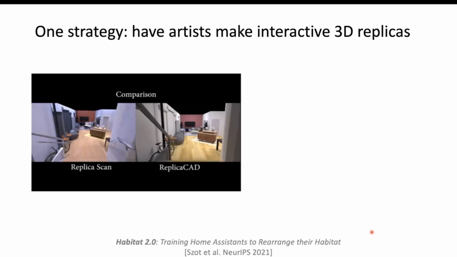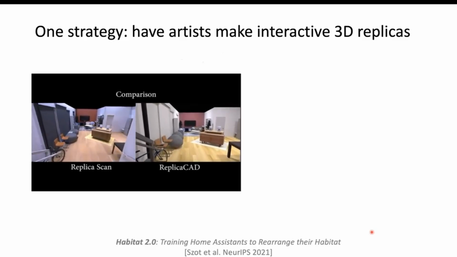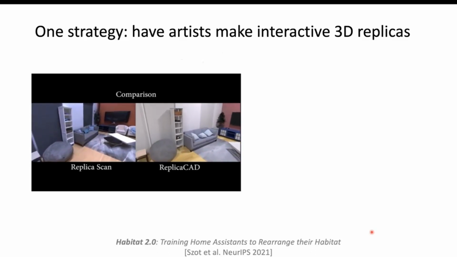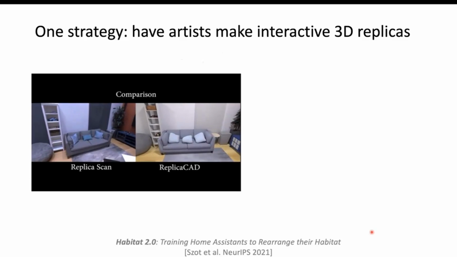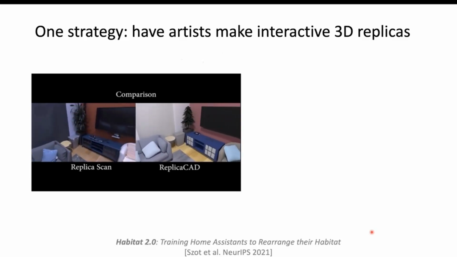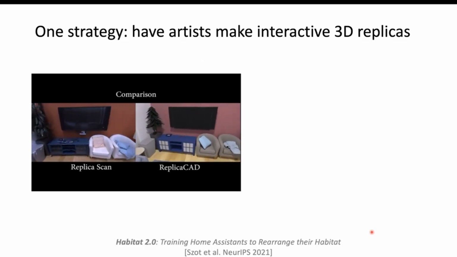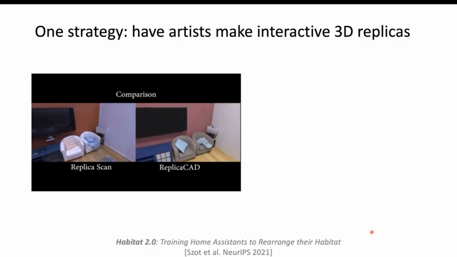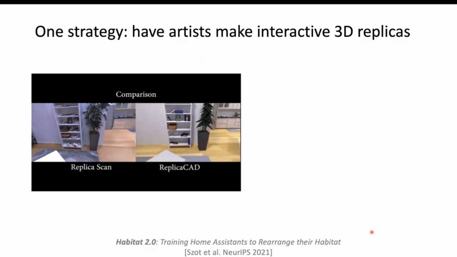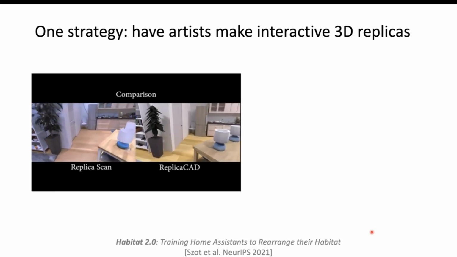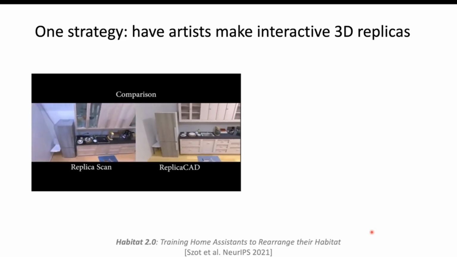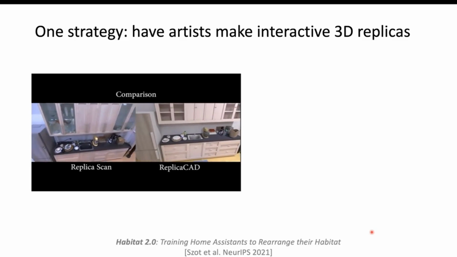One strategy is to have professional artists create for us interactive versions of these acquired real interiors. And this is in fact a strategy that we took with the Habitat 2.0 work from a couple of years ago, where professionals looked at these reconstructions of real spaces and then designed synthetic versions of them that could be interacted with, where the objects can be moved around and you can open the cabinetry in the kitchen and so forth.